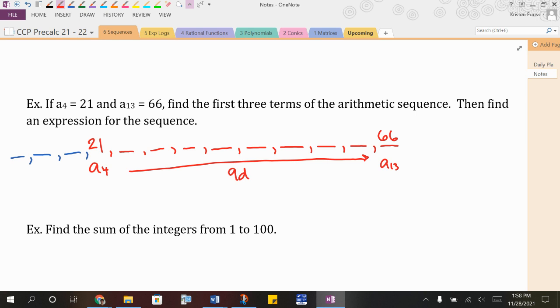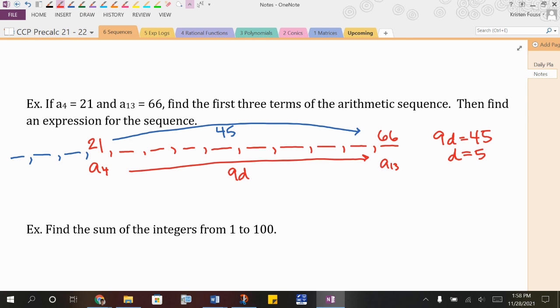Okay, well, how far away is term 4 from term 13? If I'm going from 21 to 66, those two terms are 45 away from each other. So a difference of 45 in terms is a difference of 9 Ds. Do you see where I'm going here? So if 9 Ds is 45, that must mean I was adding 5 each time.